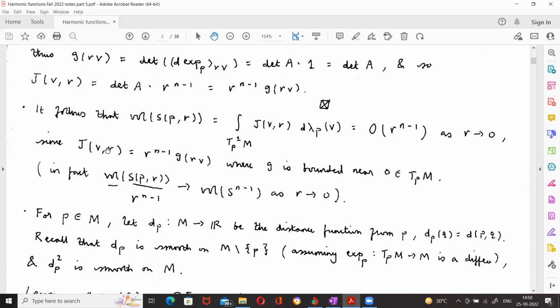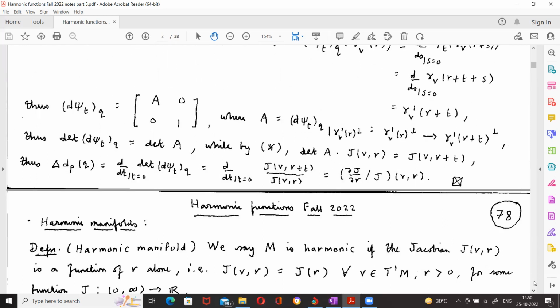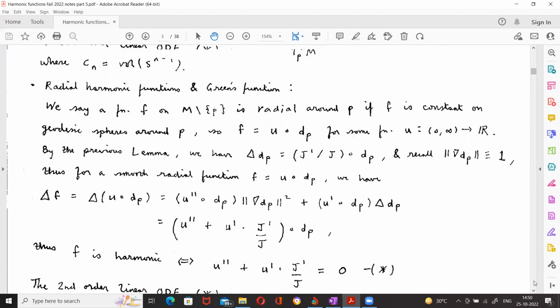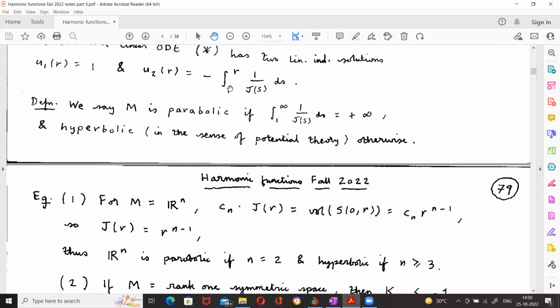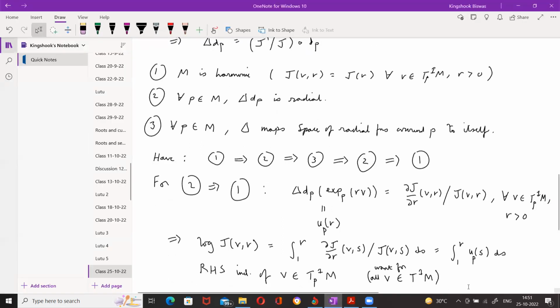So if I take 1 over the Jacobian, that will be 1 over r to the n minus 1. So when I integrate that from 1 to r, that is going to converge to minus infinity, because r is less than 1, and the integral from 1 to r is minus the integral from r to 1.